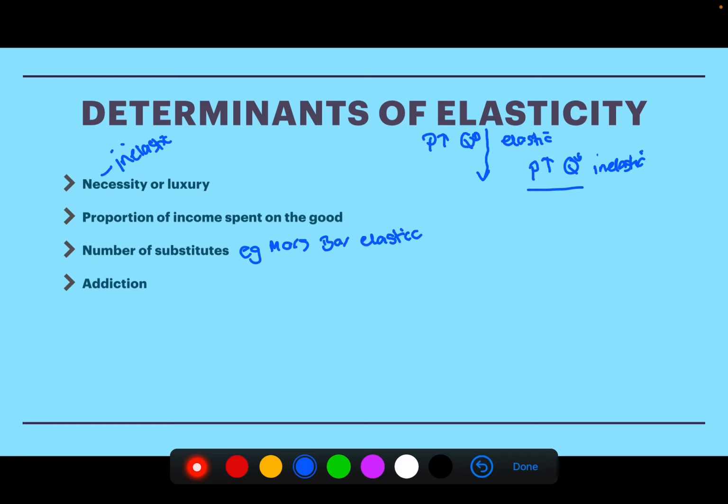Addiction, that came up a bit early, but if you're addicted to something and the price goes up, people are still going to buy it. So therefore, the demand is inelastic. You're not going to change your demand when the price changes. Brand loyalty, Apple, Nike. Price goes up, people still buy the iPhone, don't they? So if you've got brand loyalty, then our demand is not going to be affected that much by price.